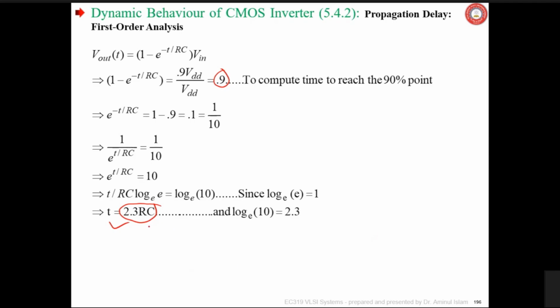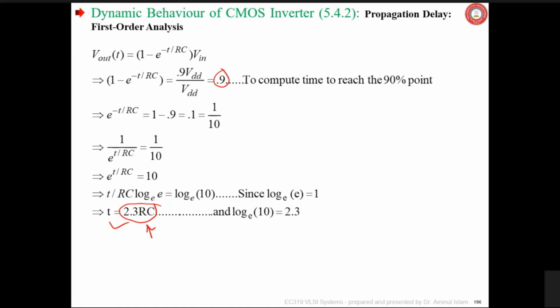See, delay depends on this RC value. C means here your CL mainly. And R means what? What will be R here? We consider an inverter and we want to find out how much time it will require to rise up to the 50% point or 90% point.